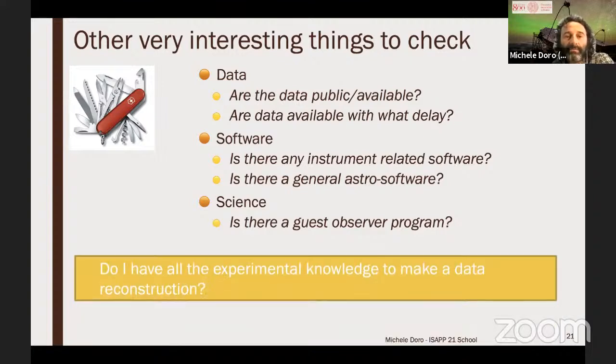So really these things you have to check. And finally, in order to analyze those data, you have to have a certain knowledge of the instrument. You cannot analyze INTEGRAL data without really having in-depth knowledge of the instrument. You have basically to check the things that I was saying before, effective areas and performance and so on.